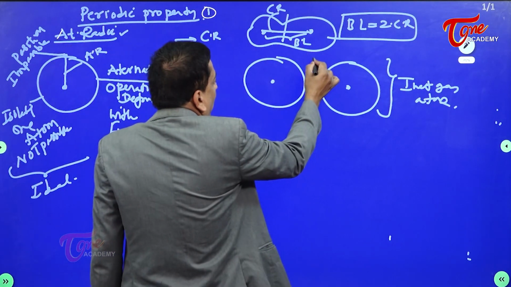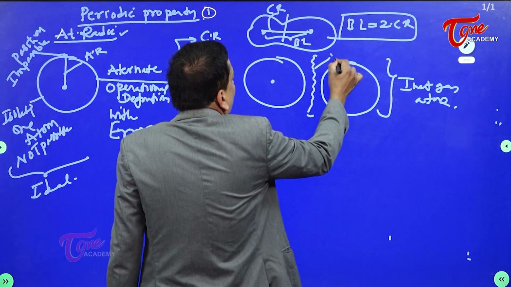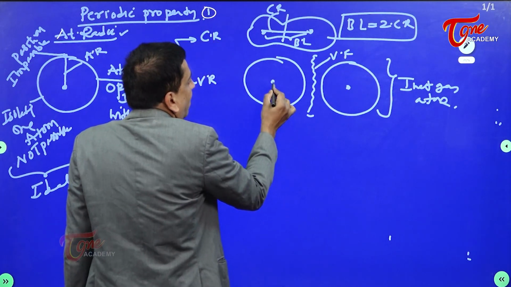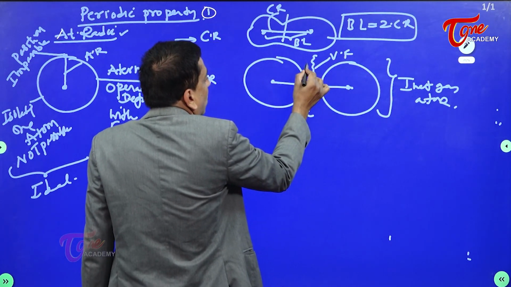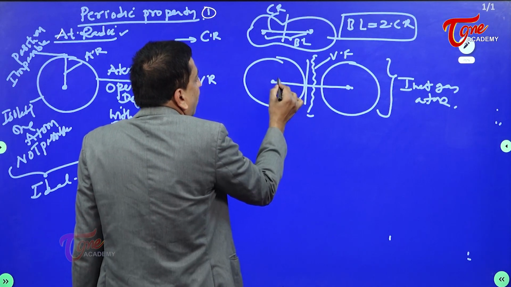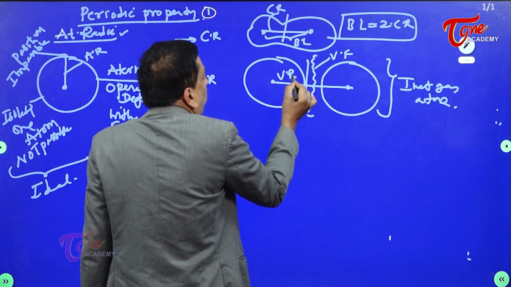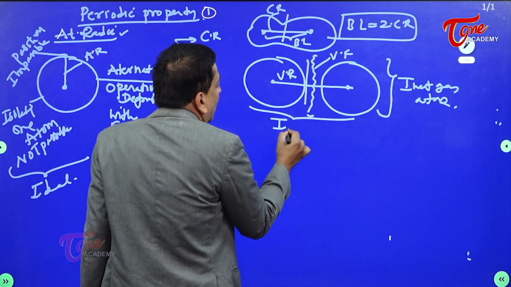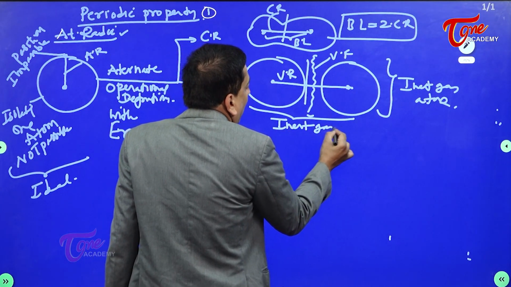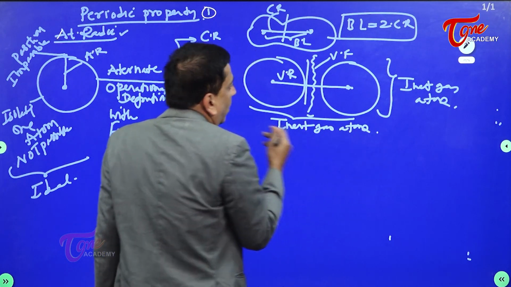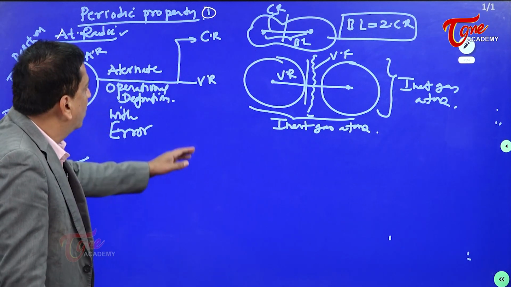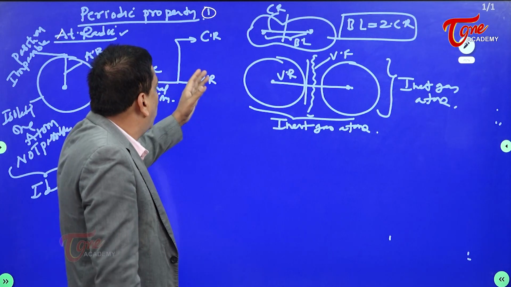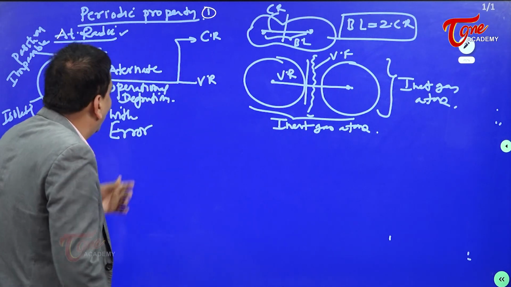Then you have a van der Waals force between them. Take the internuclear distance and make it half. This is the van der Waals radius. And remember, these are not normal atoms, these are inert gas atoms. Mind you this. It's not useful when you apply van der Waals radius for hydrogen atoms, as I was telling you.